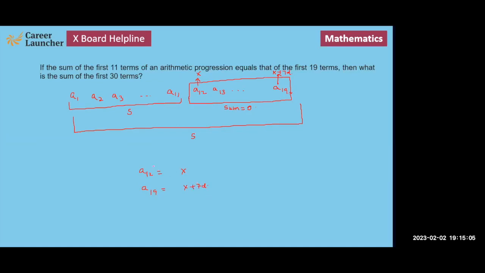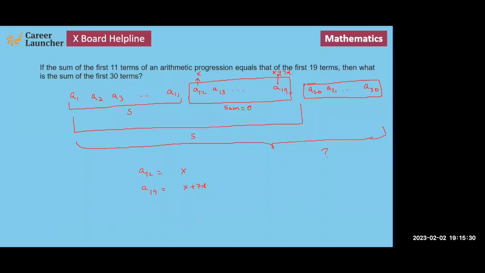Okay. And we want to find out what is the sum of all the 30 terms. So if I add the next terms A20, A21 till A30, Sushma, very good, got the answer, right? We want to know what is the sum of these numbers.